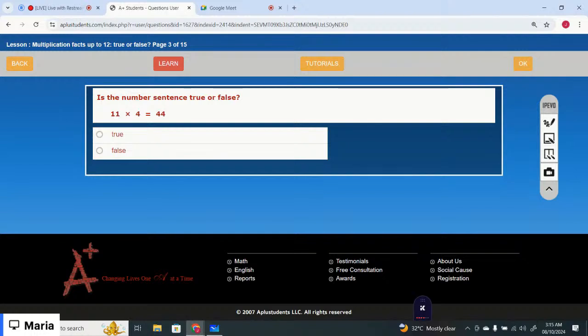The next one is the number sentence true or false? 11 times 4 equals 44.